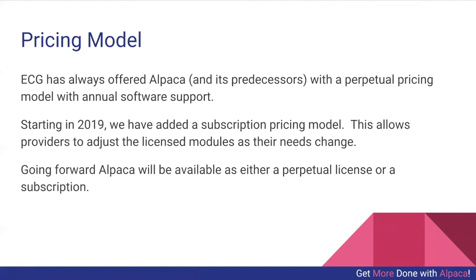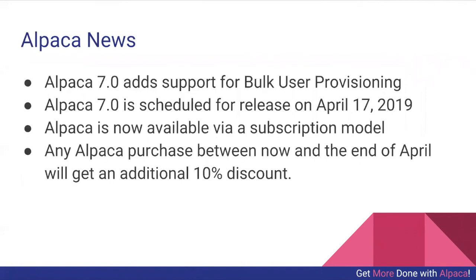It also gives you the ability to adjust the licensing model modules sort of as you need. So if you started out with multiple clusters and you needed to pare that down because you've done all the migrations you need to, you're down to 2 or 3 clusters, then the subscription model allows you to adjust that over time. So Alpaca will be available going forward as either a perpetual license or a subscription.